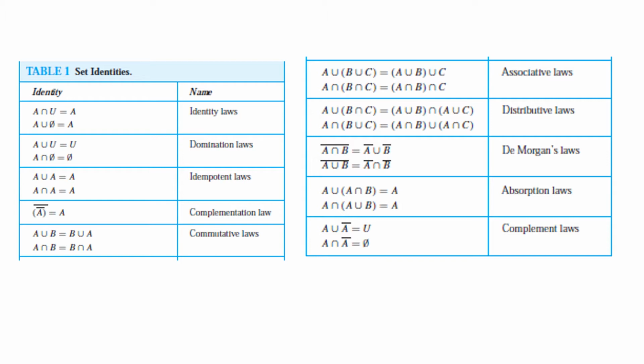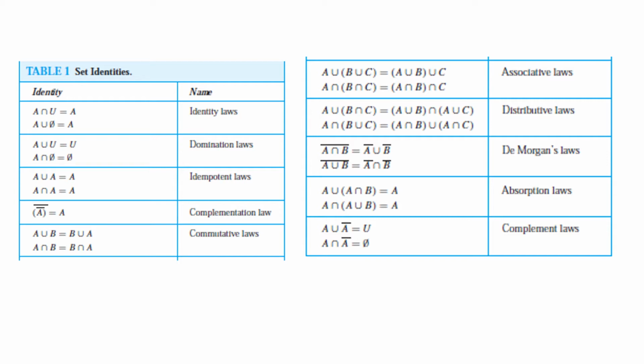Distributive laws: you have A union the quantity B intersect C would be the union of A and B, which intersects with the union of A and C. Or A intersect the quantity B union C would be the same as the intersection of A and B, which unions with the intersection of A and C. We also have De Morgan's laws.